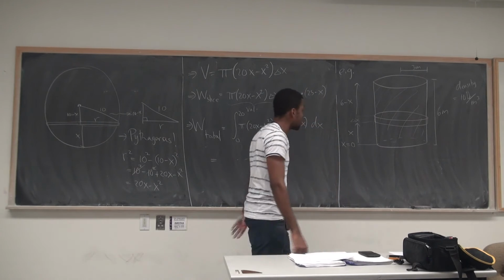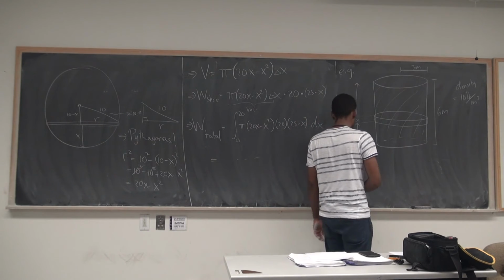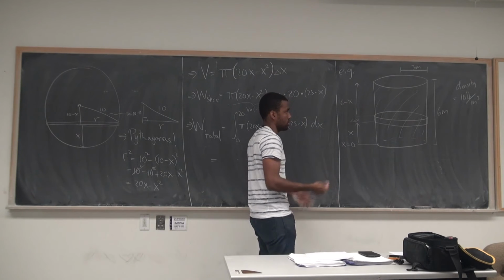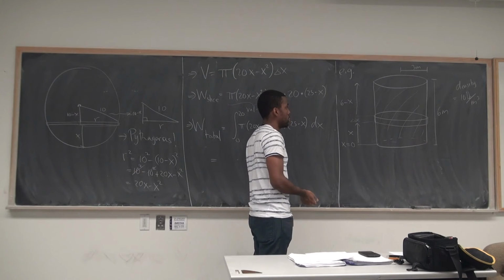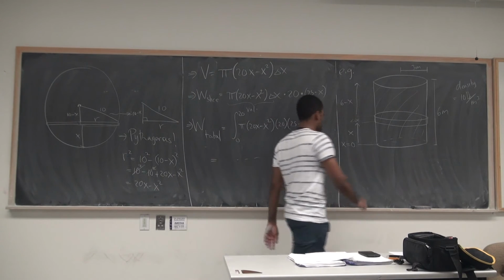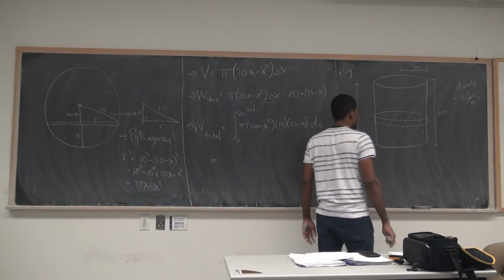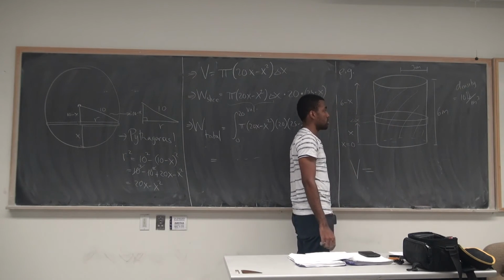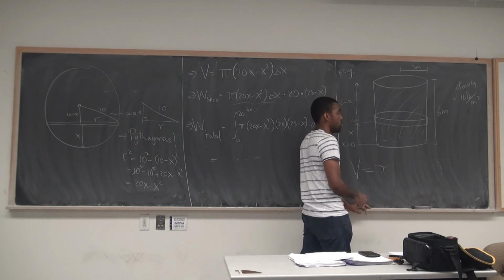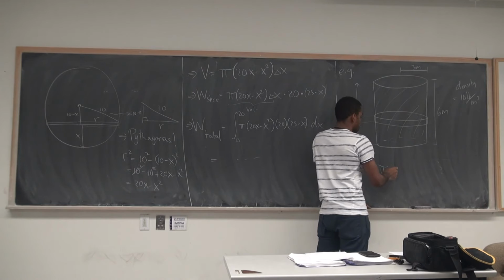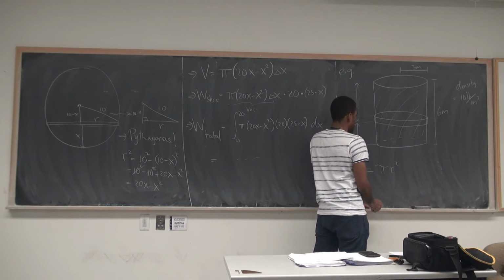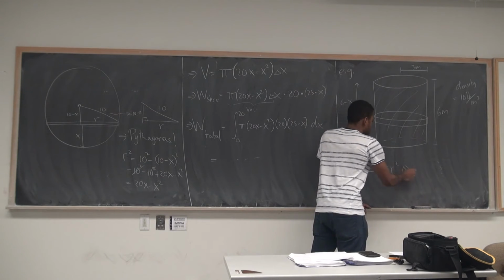Right, okay. So what do we have to worry about here? Nothing. What do you need to compute? We know the distance, we know the density, what's left? Volume. What's the volume here? Pi times r squared, what's our h? Delta x.